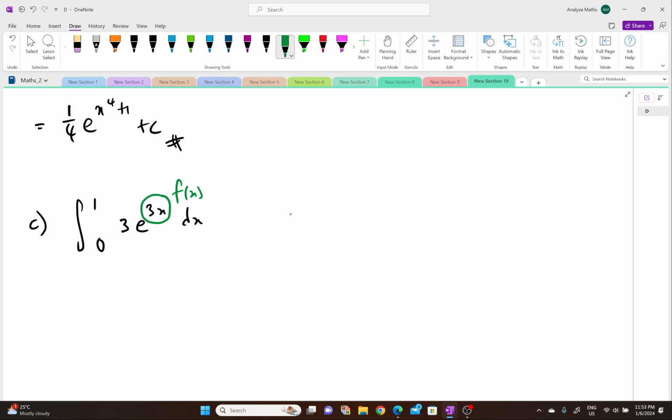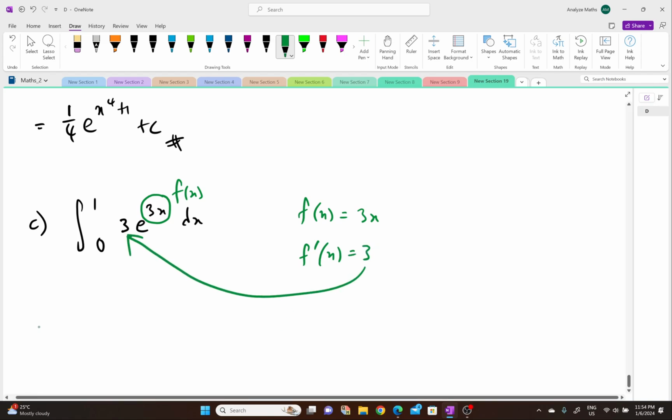This is my fx. F prime is 3. The 3 is here. So according to the rule, write back e 3x plus c, but this is definite integral.